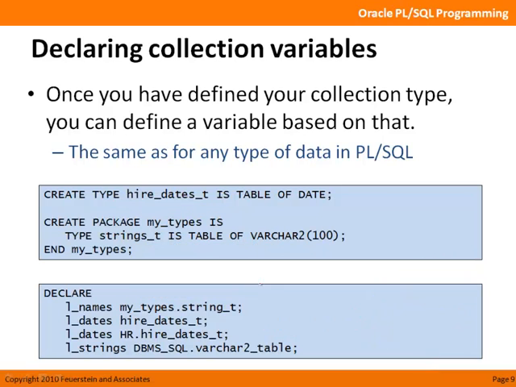I can reference a schema level type just by its name, assuming I either have a synonym on it or I am connected to the schema that owns that type. Otherwise, from another schema, I would reference it with the schema name dot the type name. And then of course, with a built-in package, I could use the built-in package name dot the collection name. So all these variations are possible.